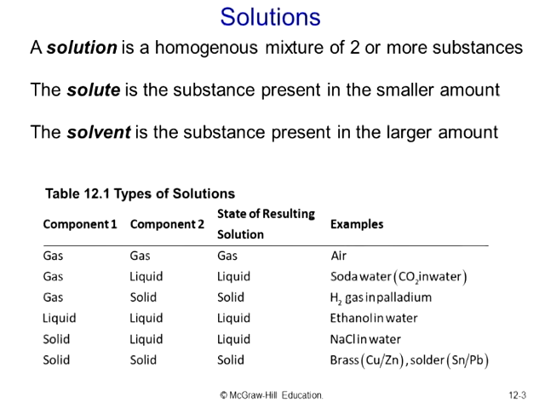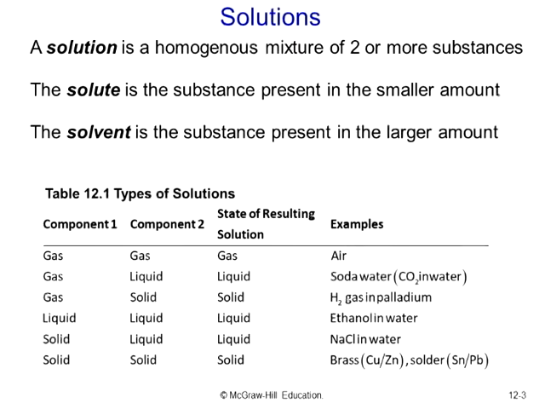You have a liquid in a liquid, which creates a liquid solution: ethanol in water. Then you can have a solid in a liquid, which creates a liquid: sodium chloride in water, salt water. And then you can have a solid in a solid, which is a solid: brass, which is copper and zinc, and solder, which is tin and lead. Okay, so these are different types of solutions.